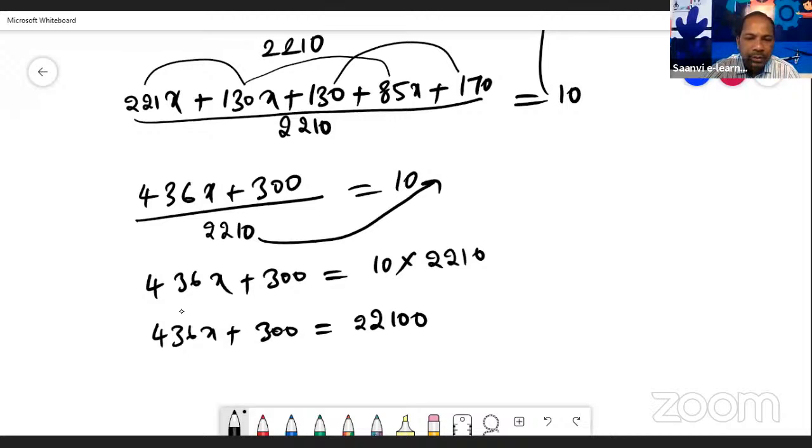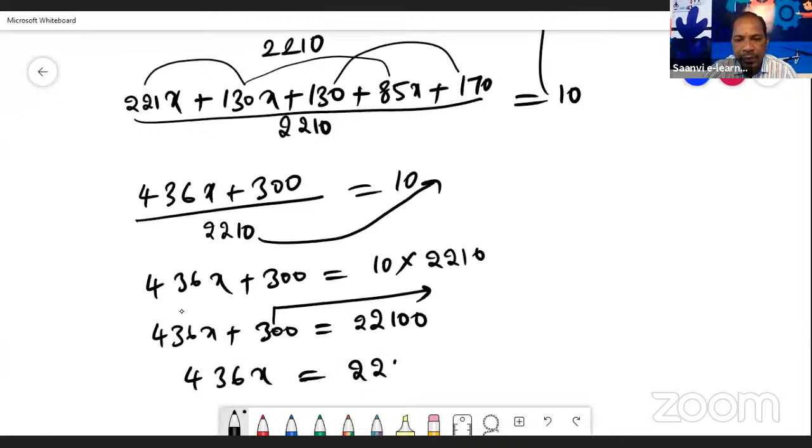Now this plus 300 send this side. 436x is equal to 2,21,000 and plus 300 becomes minus 300.